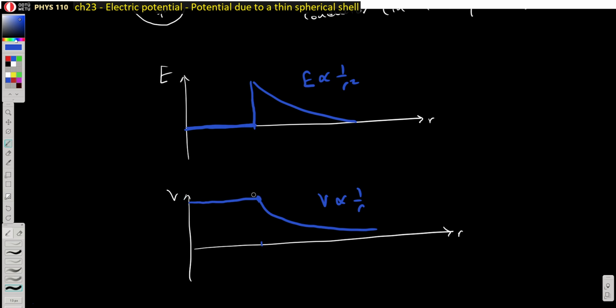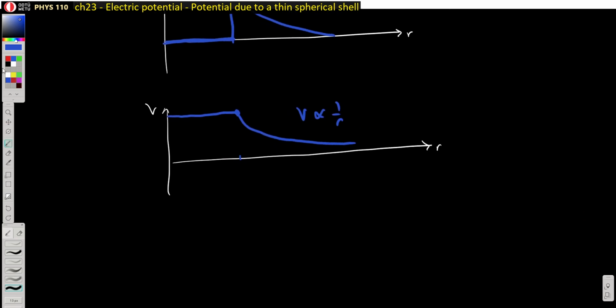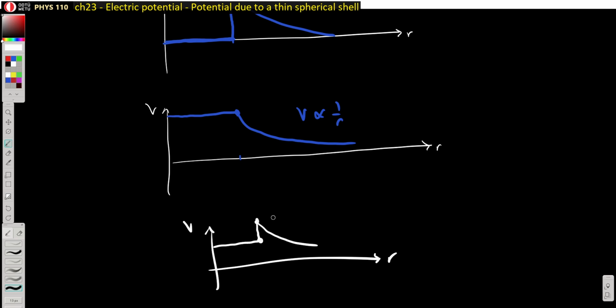One important point in here is that the potential can never have a discontinuity. So you cannot have any situation like, let's say, this. In a potential versus R graph, for example, you can never have a situation like that. We cannot have a jump discontinuity in the potential.